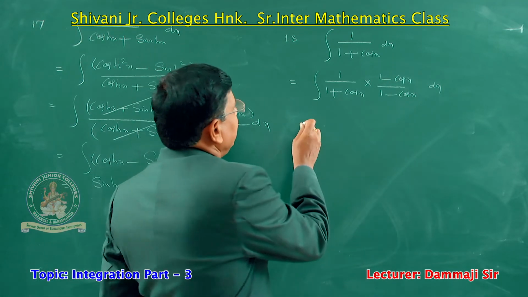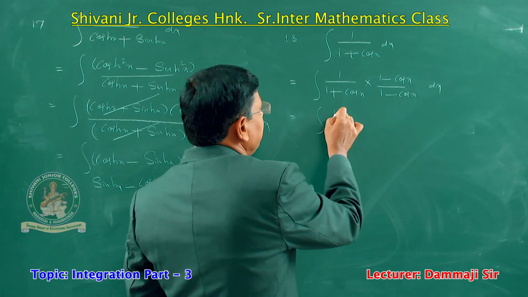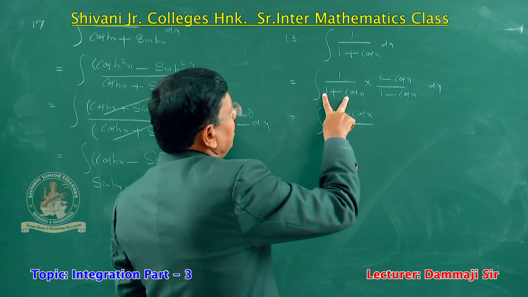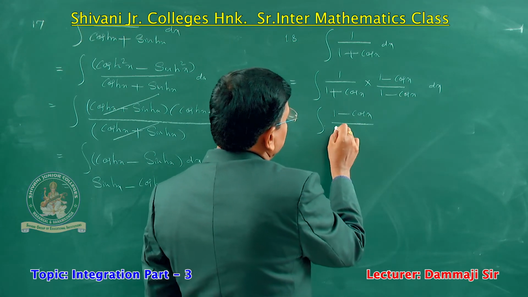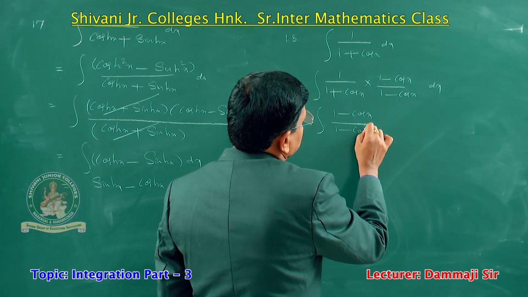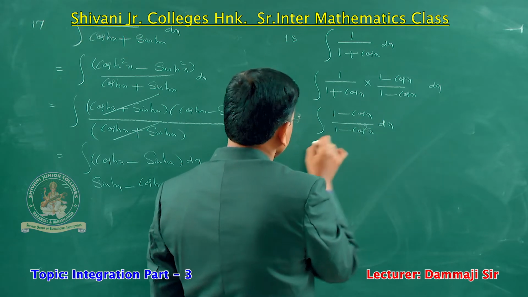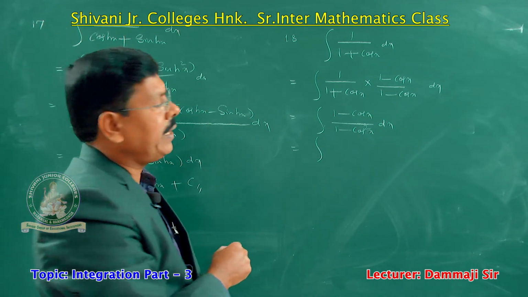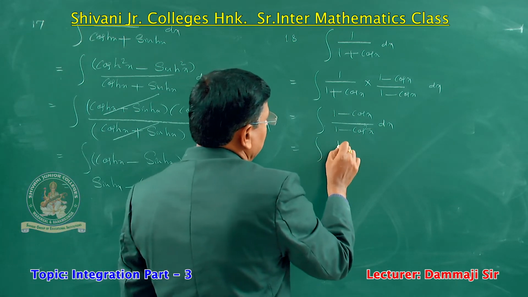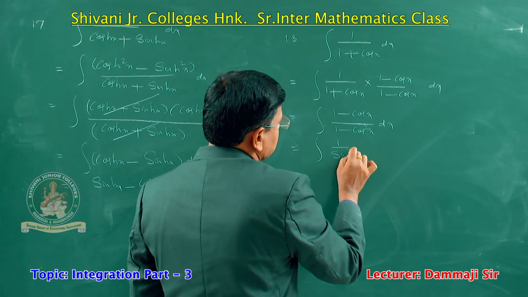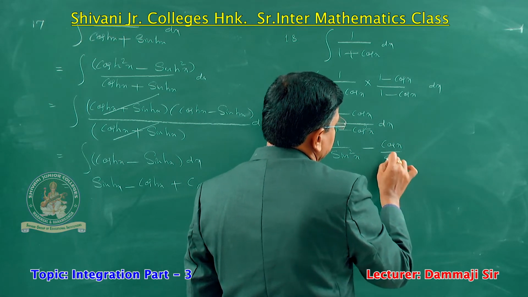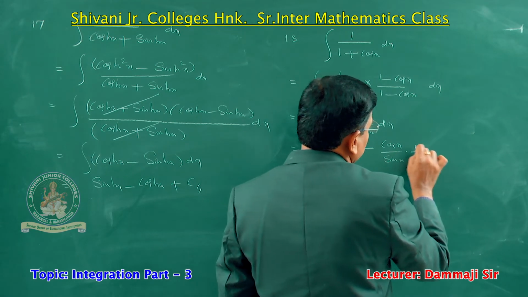Okay, the numerator we just keep here, 1 minus cos. What about the denominator? a plus b into a minus b, that is 1 minus cos square. Next, 1 minus cos square in a standard identity is sin square. Now splitting: 1 by sin square minus cos by sin into 1 by sin.